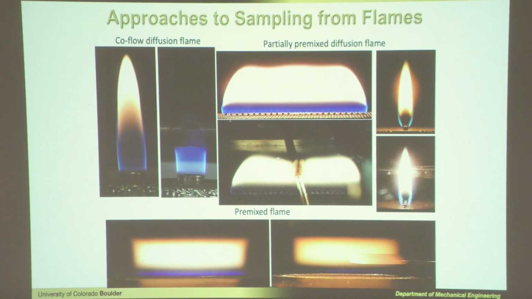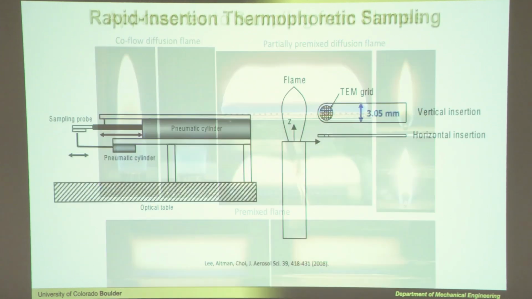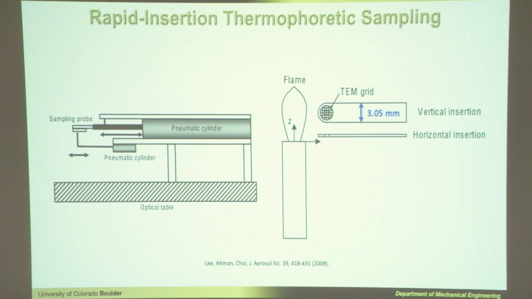Okay, and we use different types of probes depending on the type of flame that we have. And this is important not just for flames, it's also important for any reactive environment where you're trying to probe the particles you're generating.